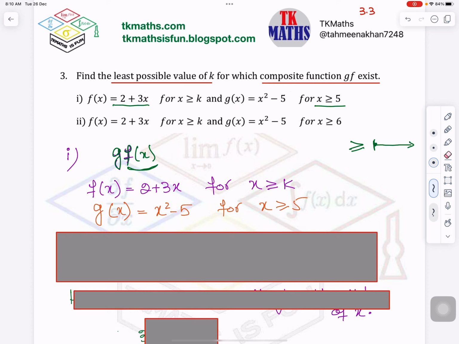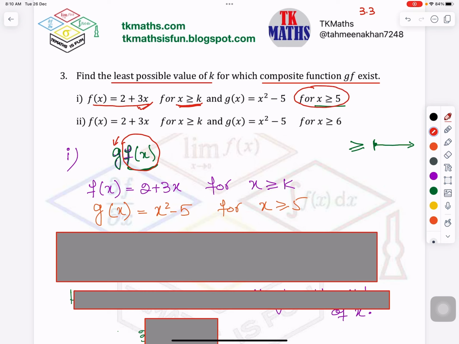When you substitute the domain in the first function f of x, because in the composite function f of x is your first function, these values of x, when you plug in here in function f, the range you get becomes the domain for g. And in the composite function, it should satisfy this condition.